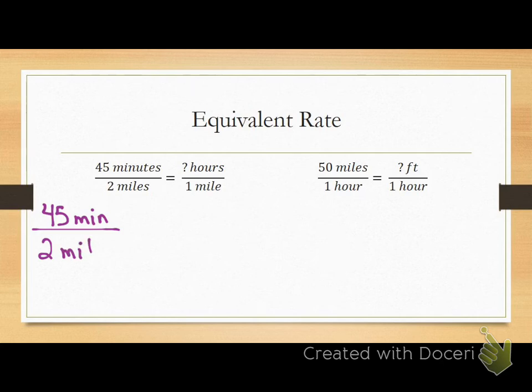We use the units in the original proportion to figure out what our conversion factor is going to be. What am I going from? Minutes to what? Hours. Minutes to hours. So what's my conversion factor? 60 minutes in 1 hour. Now the question is, what goes on top and what goes on bottom? I want you to try to fill it in. Try to figure it out on your own.